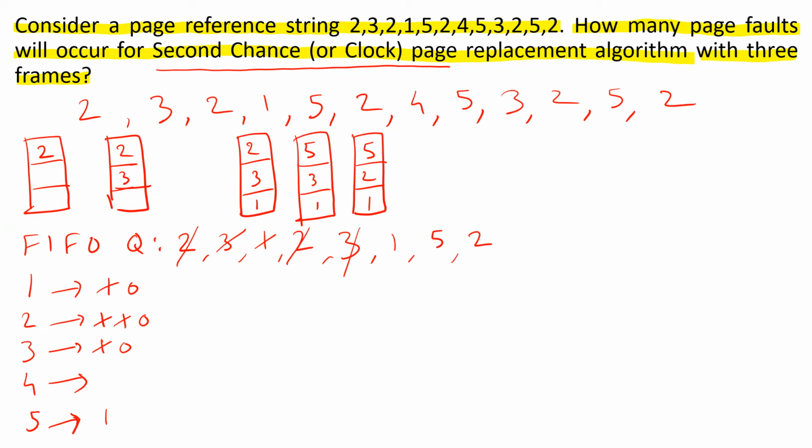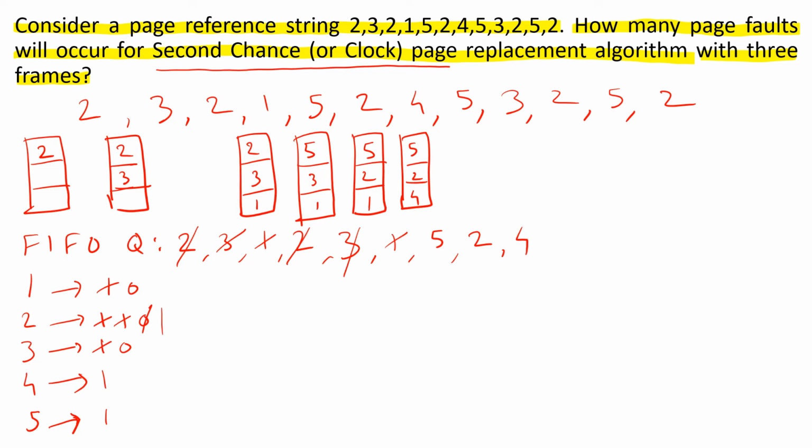So 2 is inserted onto the queue, and since 2 is used now, the reference bit for 2 becomes 1, because we have used that page. Then we need page 4, so we remove 1. The reference bit for 1 is 0, so we replace that page. So 5 and 2 are as they are. Instead of 1 we get 4, so 4 is taken into the queue. The reference bit for 4 is 1 because we have used it.